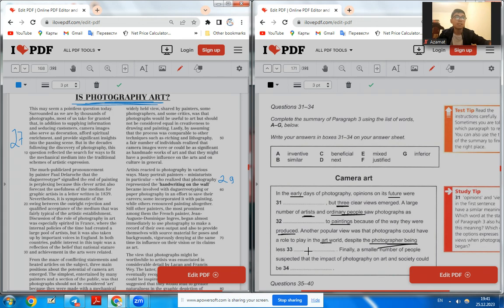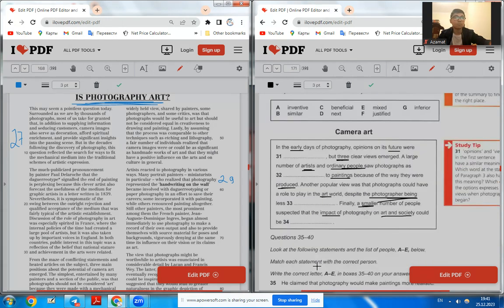So here we need an adjective describing a person, specifically a photographer. Finally, a smaller number of people suspected that the impact of photography on art and society could be, here we need an adjective, which has to describe the impact.